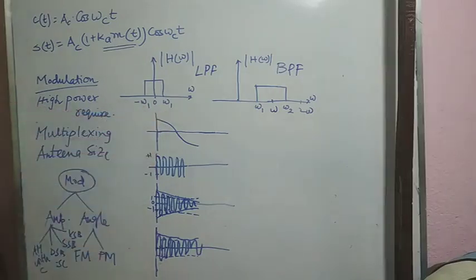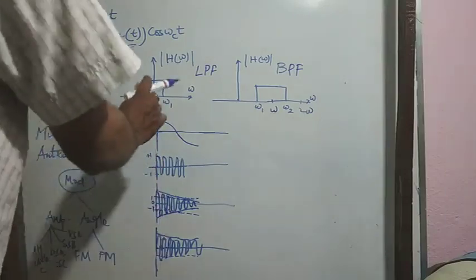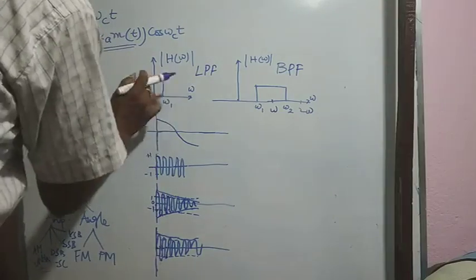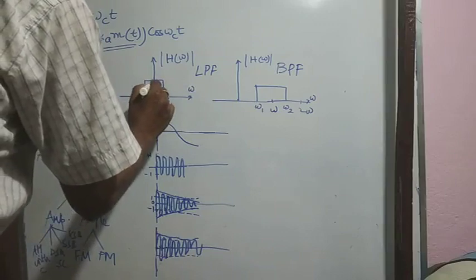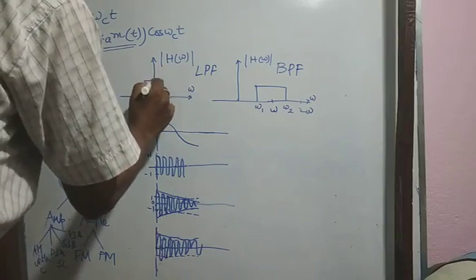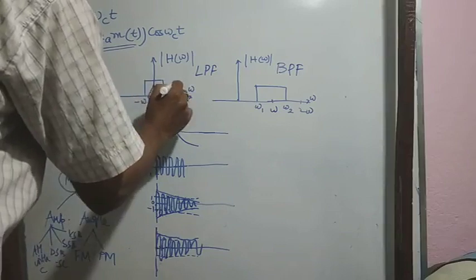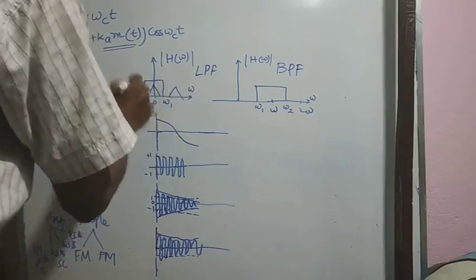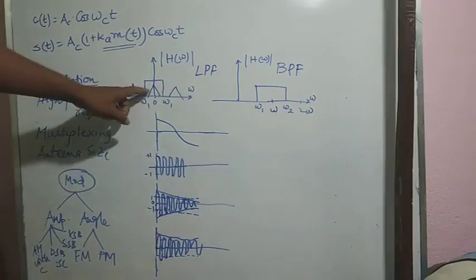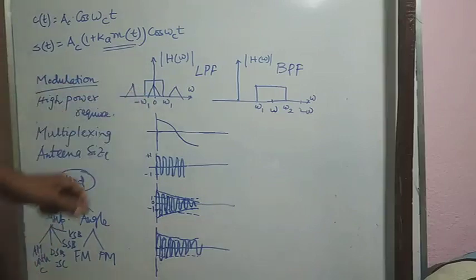When will we use the low pass filter? When we need only a part of the signal centered around the origin.